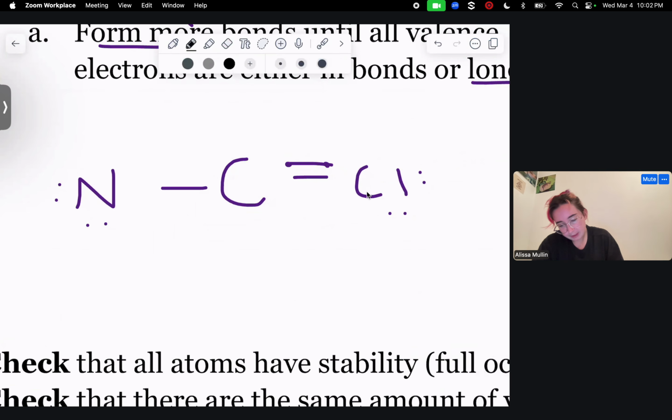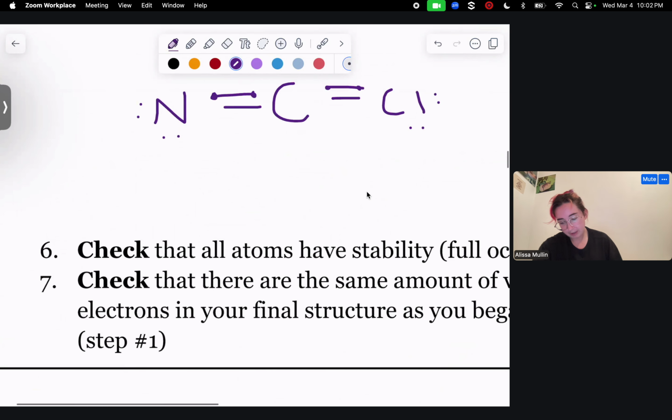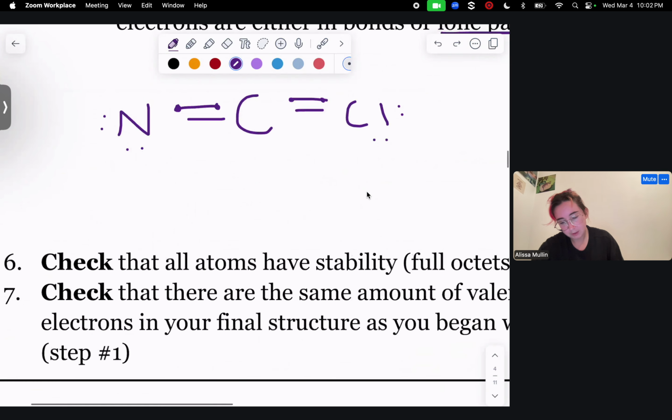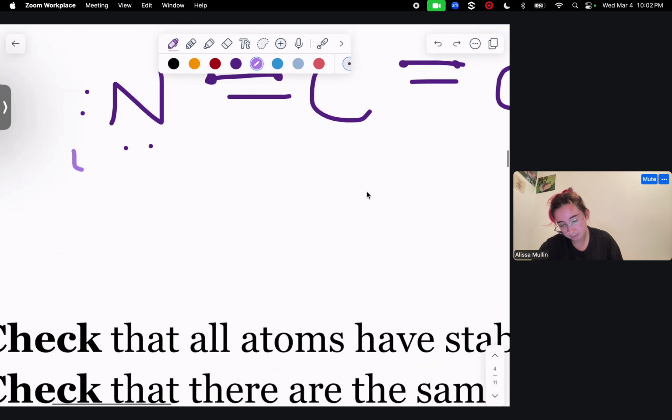Maybe we try doing the same thing on the other side. I feel like I usually see people doing this. And, okay. For things to be right, you can't forget step 6 and 7, of course. So let's check it out. First rule is everyone has to have stability. So full octets. So let's check that out.